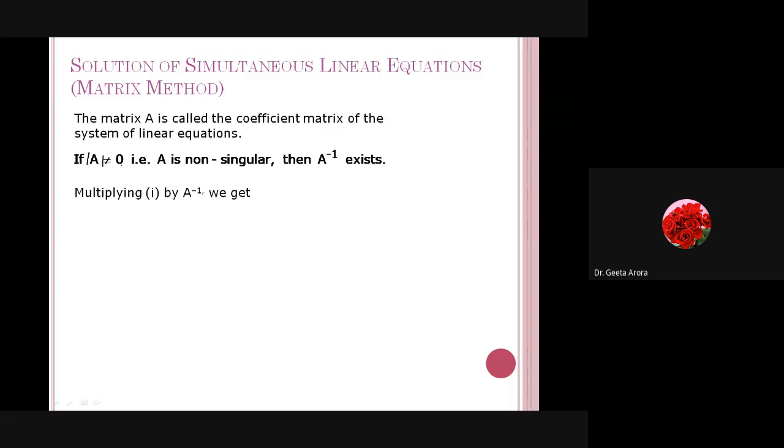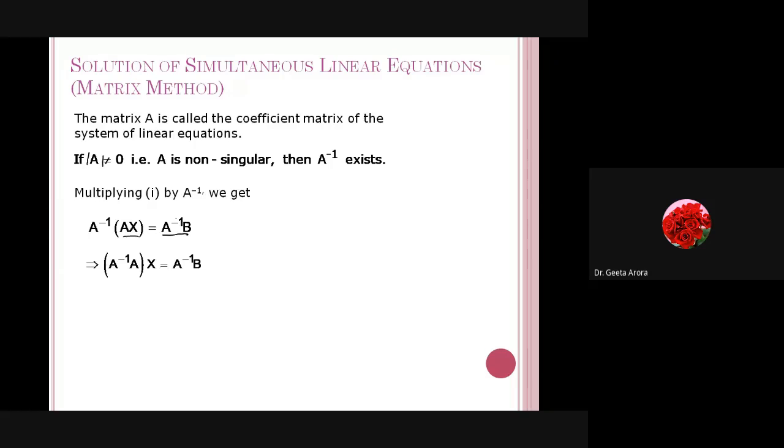The notation is not coming properly. Then it is non-singular, A inverse exists, and we can write the system by multiplying A inverse on both sides. So if I multiply A inverse on both sides, I get A inverse into AX is equal to A inverse B, because we have written AX is equal to B.